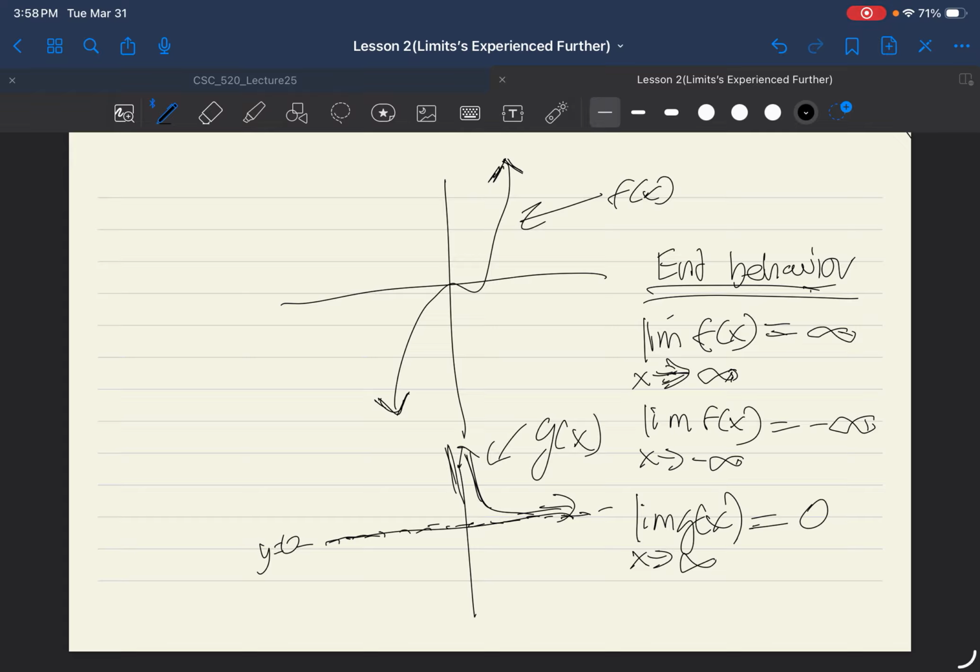Yeah, we can use 1 over x as an example, of course. Let me draw 1 over x really quick. Just give me a sec. So that's about what 1 over x looks like, right?